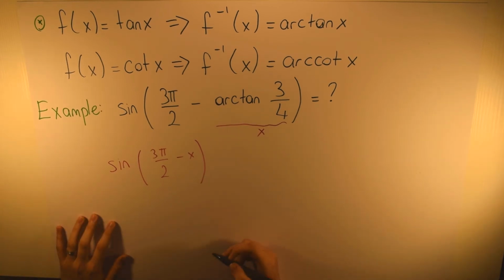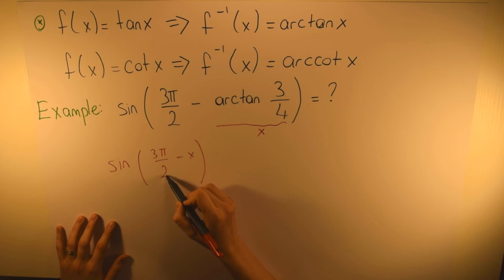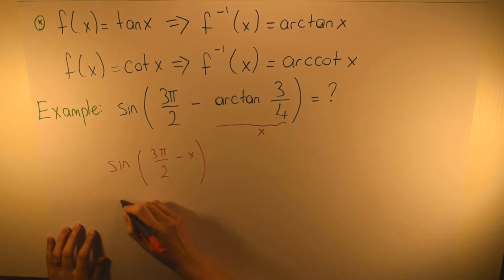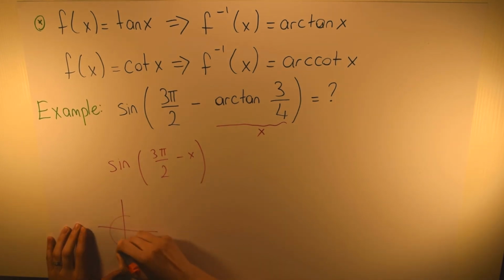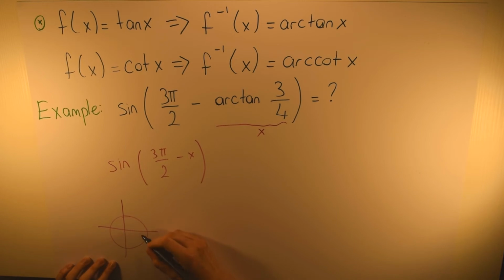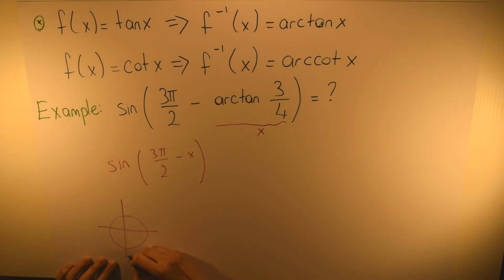So how do we do that? Here we have 3π/2. When I draw my unit circle, where is this 3π/2? It's here, right? On this vertical line, the function name changes.